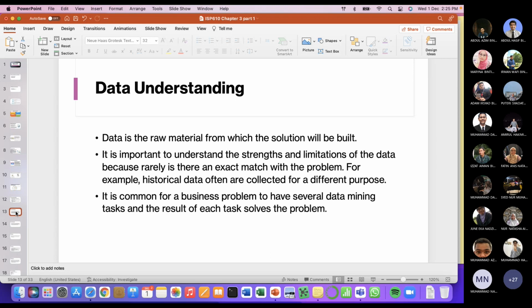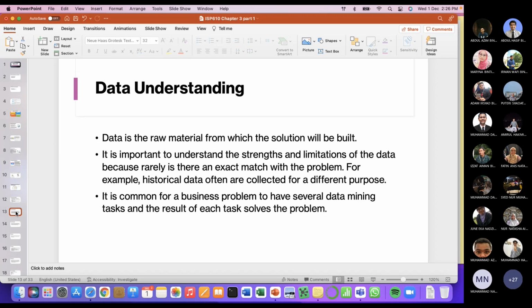So dia kata apa? Important to understand the strength and limitation of the data because rarely is there an exact match with the problem. Okay, macam saya cakap tadi lah. Kadang-kadang you dapat data mungkin terlebih. Kalau terlebih attribute tu senang.